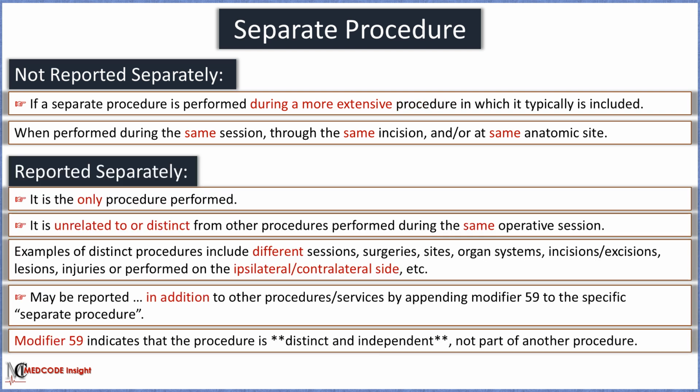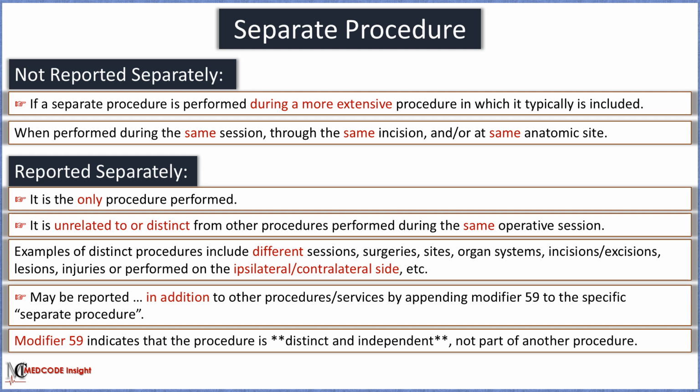Separate procedures are reported separately if it is the only procedure performed, or if it is unrelated or distinct from other procedures performed during the same operative session. Examples of distinct procedures include different sessions, surgeries, sites, organ systems, incision or excision, lesion, or injuries performed on the ipsilateral or contralateral sites.